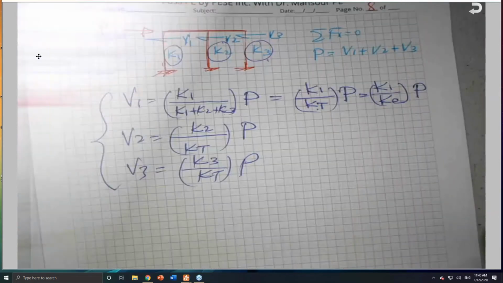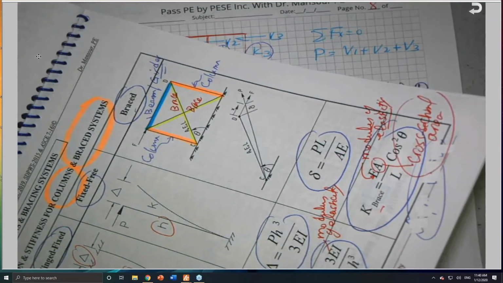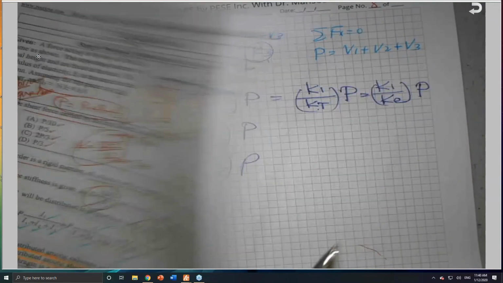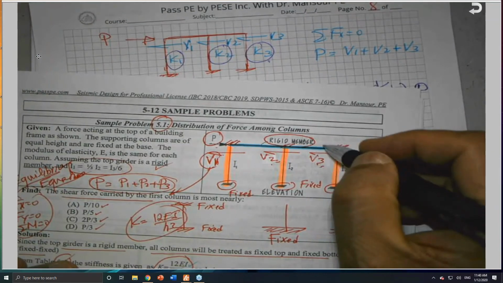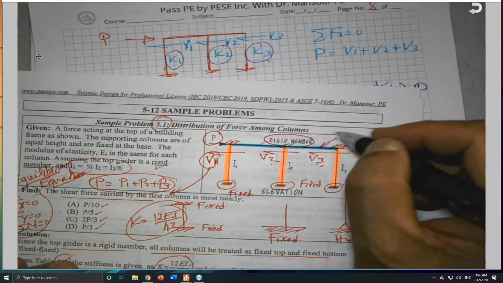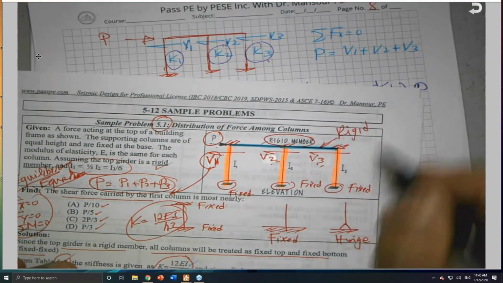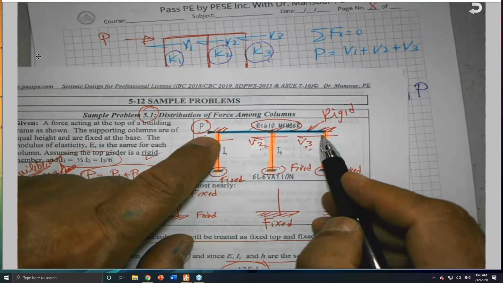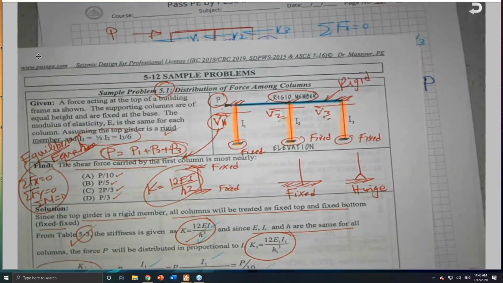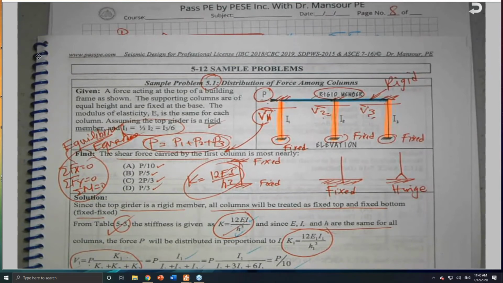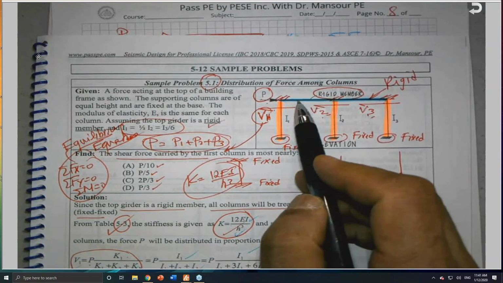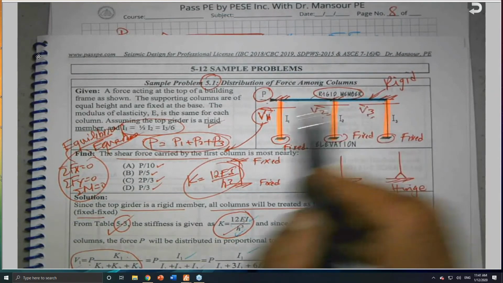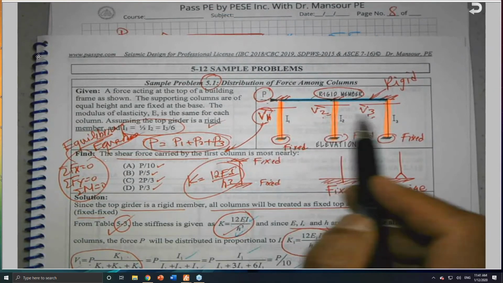Okay, so the problem statement in problem 5.1 is telling me that the superstructure, this one here, is like a diaphragm, and it is rigid. It says that the slab of the bridge, or the deck of the bridge, is rigid. Since this is rigid, this force P, each column will carry a portion.